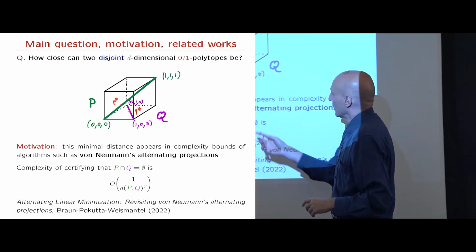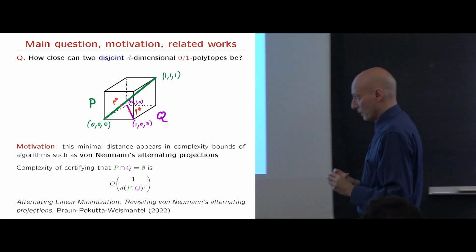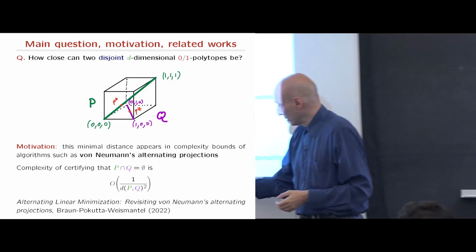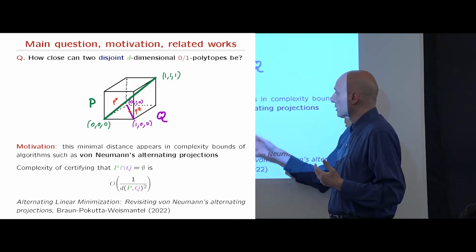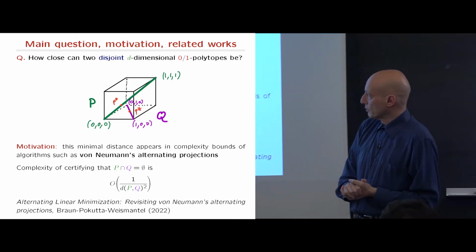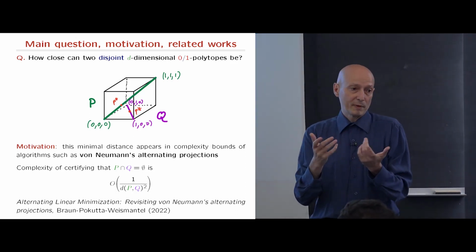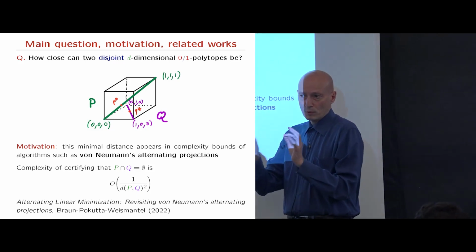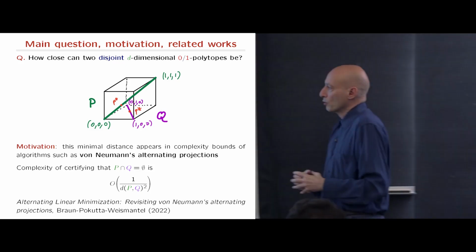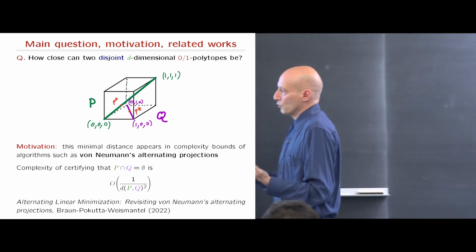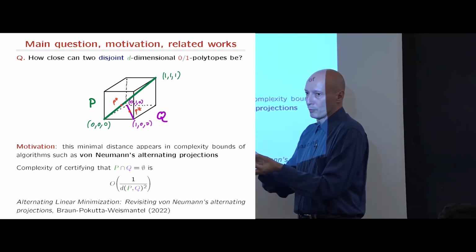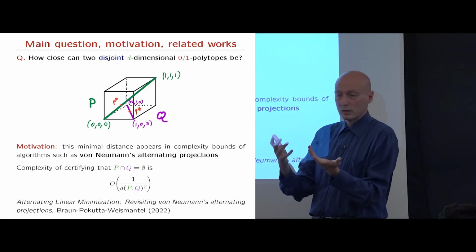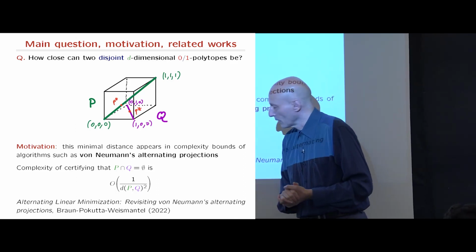Now, Braun, Pokutta, and Weismantel revisited the classical von Neumann algorithm, and they replaced this projection, which is expensive, by a linear optimization call. They get a complexity bound for an algorithm that either outputs a point in the intersection, or a certificate of disjointness.